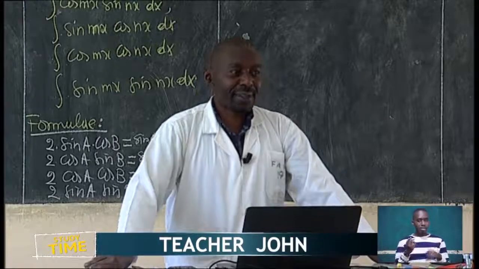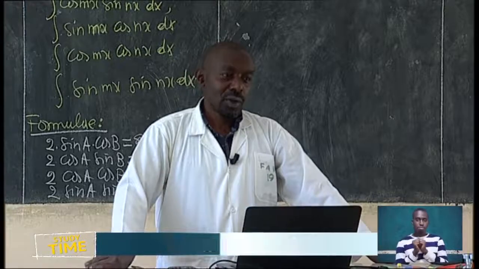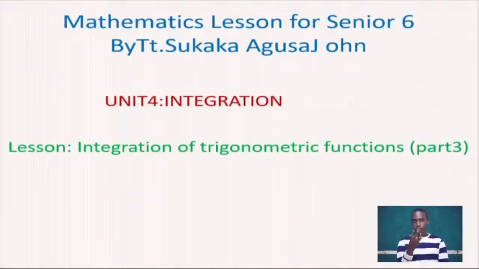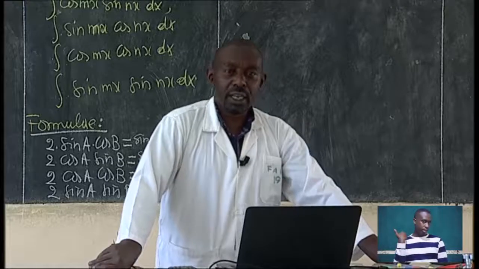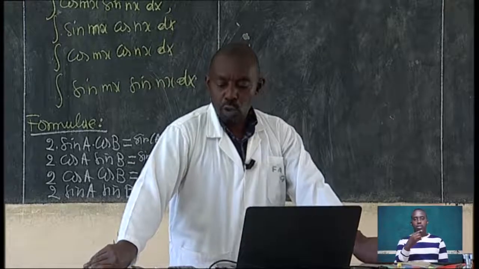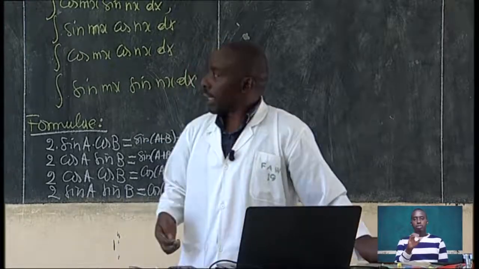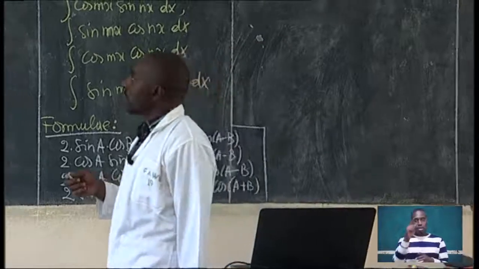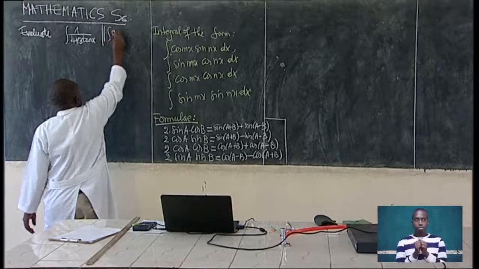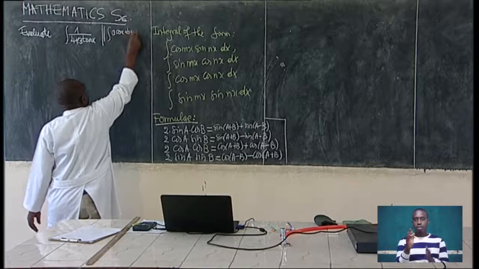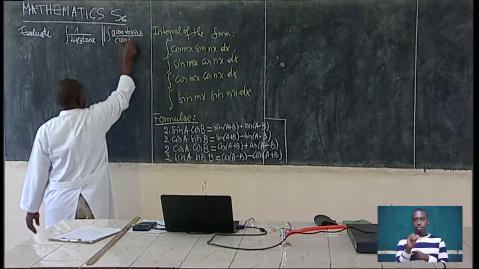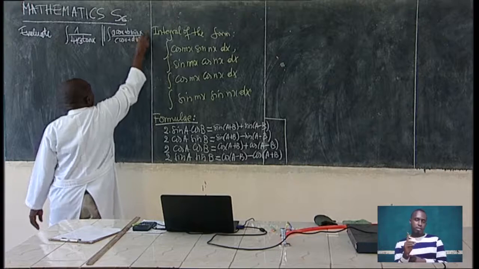This time, of course, we are in senior 6 with our unit number 4, integration. Remember, last time we were dealing with integral of trigonometric function. The kind of integral we had last time was of this form: a cosine x plus b sine x divided by c cos x plus d sine x dx.